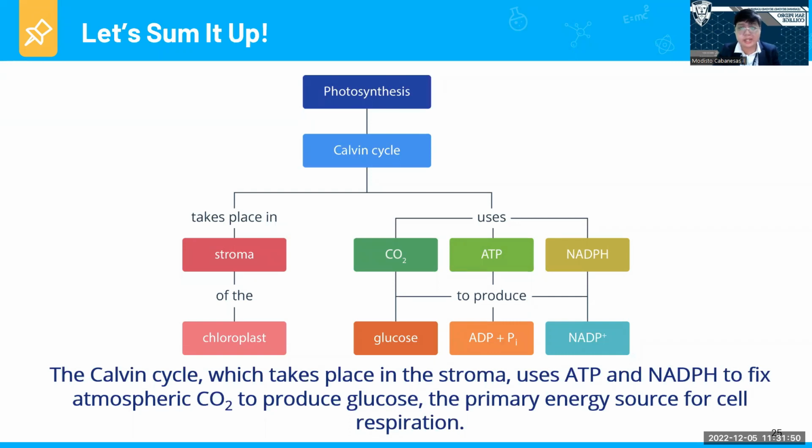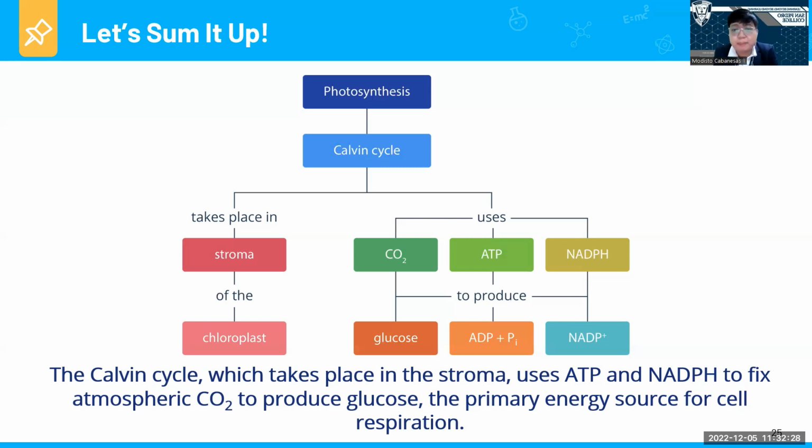So to summarize, for photosynthesis, particularly the light-independent reaction, it is also called as Calvin cycle or dark reaction or C3 cycle or carbon fixation. So it happens in the stroma of the chloroplast and they use carbon dioxide, ATP and NADPH to produce glucose, ADP plus phosphate ions plus NADP plus.